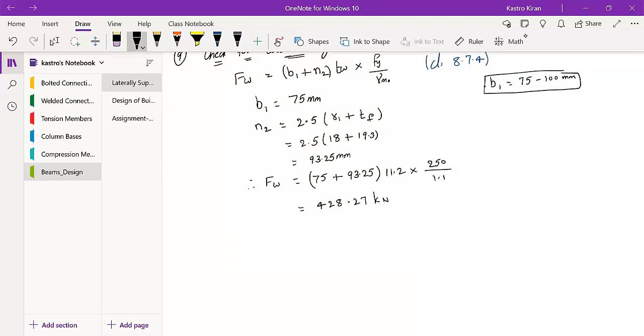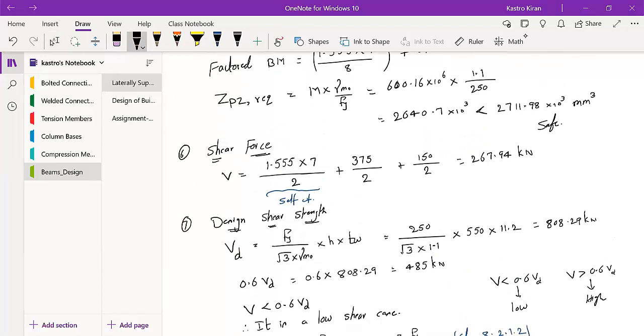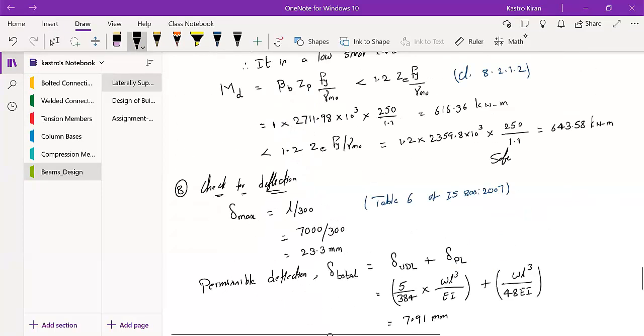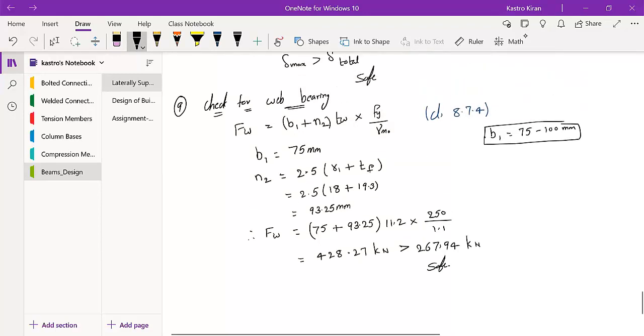It is not 266, it is 267.94. If the web bearing force is greater than that value, then you can consider this as the safe section. That's how the check for web bearing has to be done.